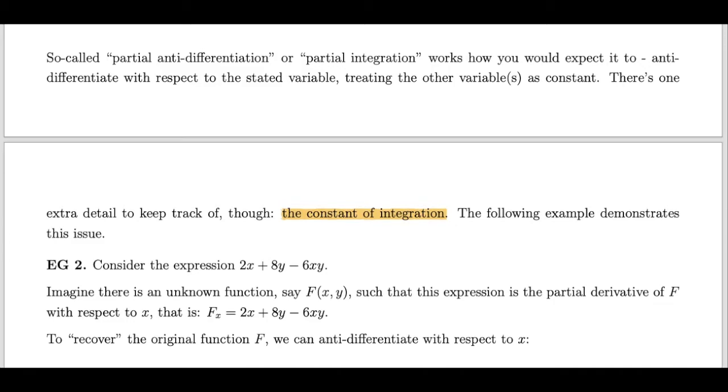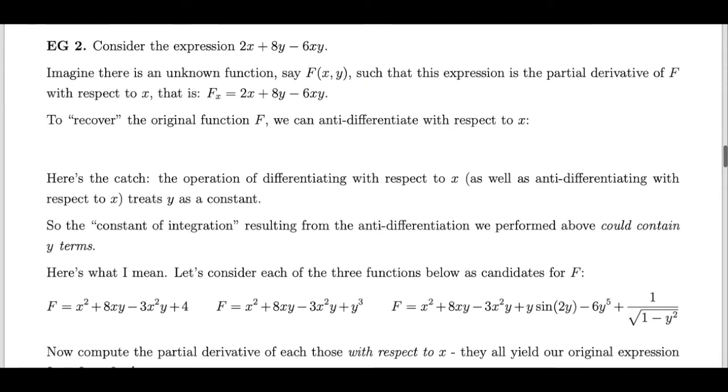So we're going to try to demonstrate that in, for example, 2. In this example, we're going to consider an expression 2x plus 8y minus 6xy. What we want to do is imagine that there's some unknown function, say capital F of x, y. From now on, I'll just refer to it as capital F. And this is an unknown function such that this function F and our expression have a specific relationship.